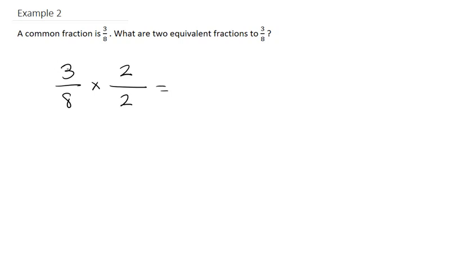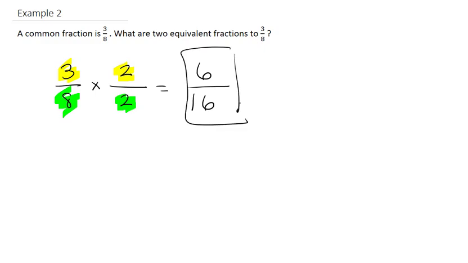So then we get 3 times 2 and 8 times 2. So 3 times 2 is 6. 8 times 2 is 16. So now we have 6 over 16, which is the same in value as 3/8.